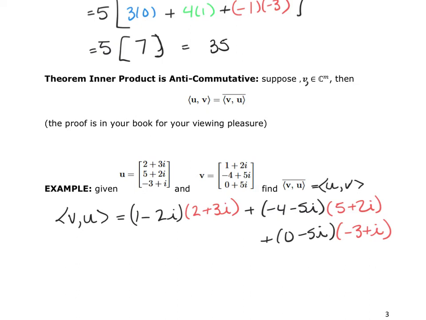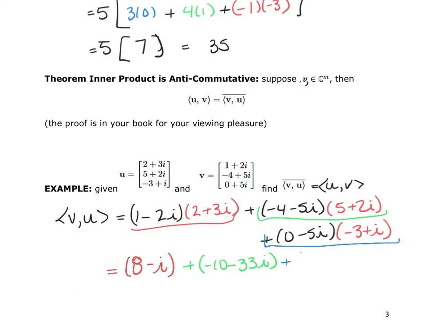So when I did my first multiplication here, I ended up with 8 minus i. When I did this multiplication here, I ended up with negative 10 minus 33i. And when I did this last multiplication here, I ended up with 5 plus 15i.